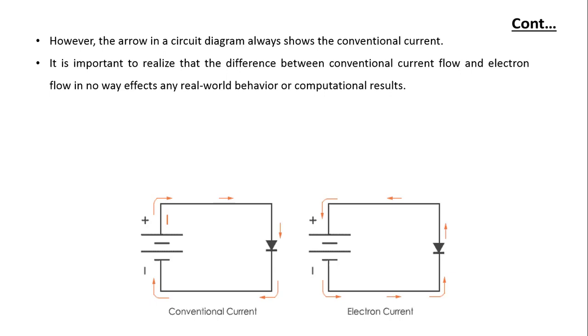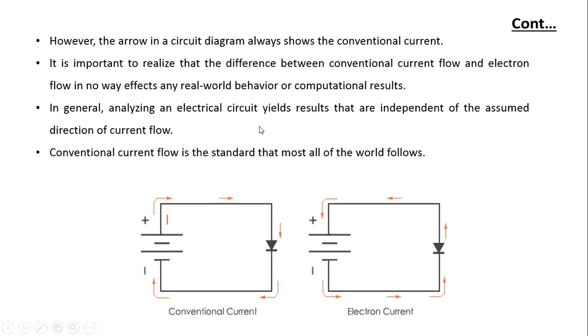So both are the same. That is why, in general, analyzing an electrical circuit yields results that are independent of the assumed direction of current flow. Conventional current flow is a standard that most of the world follows.